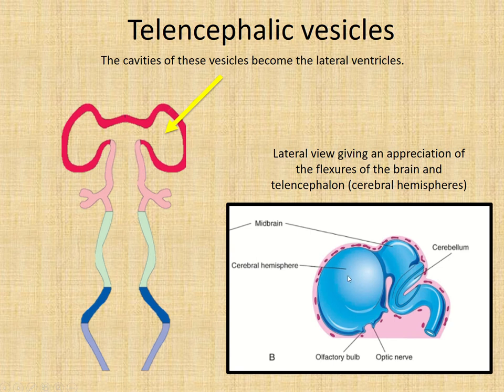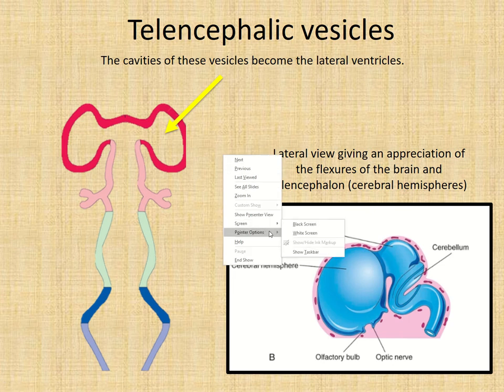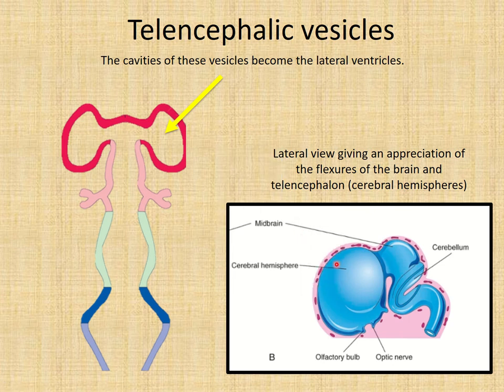And I like this figure here. I like this figure a lot for appreciation. Here you have the midbrain, and you have that midbrain flexure here, which curves, as you can see, the telencephalon growing very large and kind of pointing more ventrally.